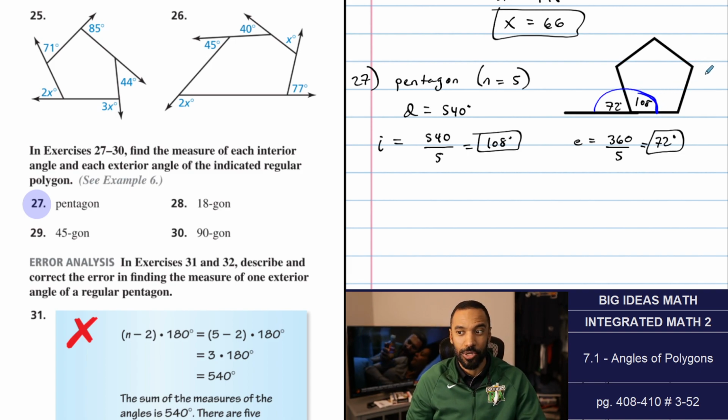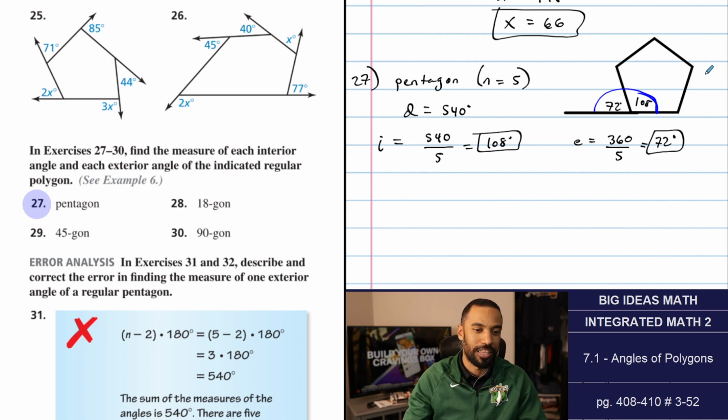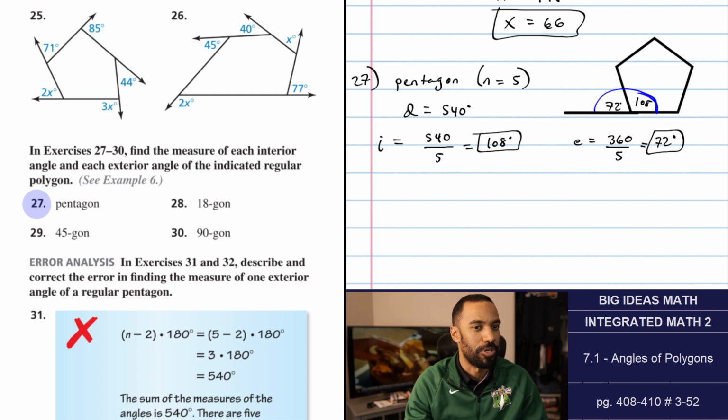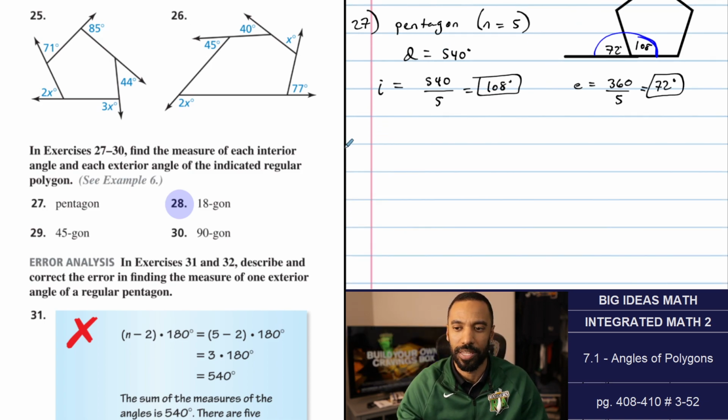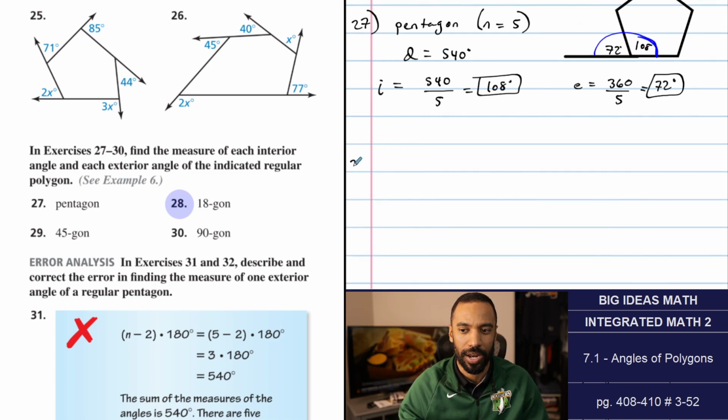The faster way to do any of these problems, honestly, and I'll do it for some of them, is to find the exterior angle measure first and subtract it from 180. The book didn't tell you that, but you can do it. 18 gon, I don't think we did yet. We did the 16 gon and 20 gon, but let's look at number 28. I want to do it with this one to show you what I'm talking about.